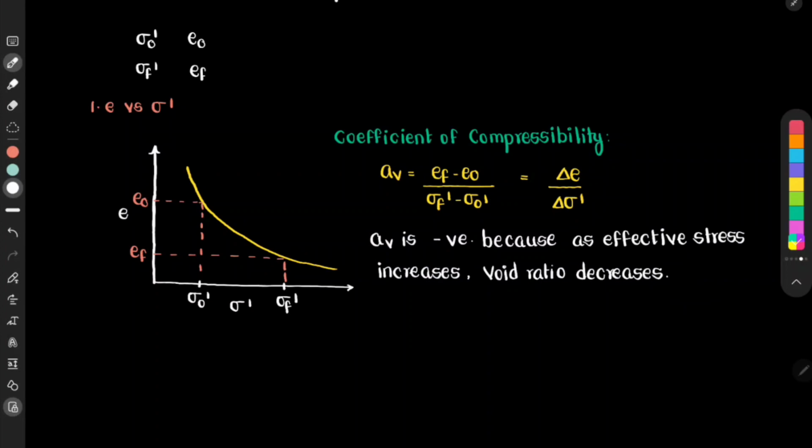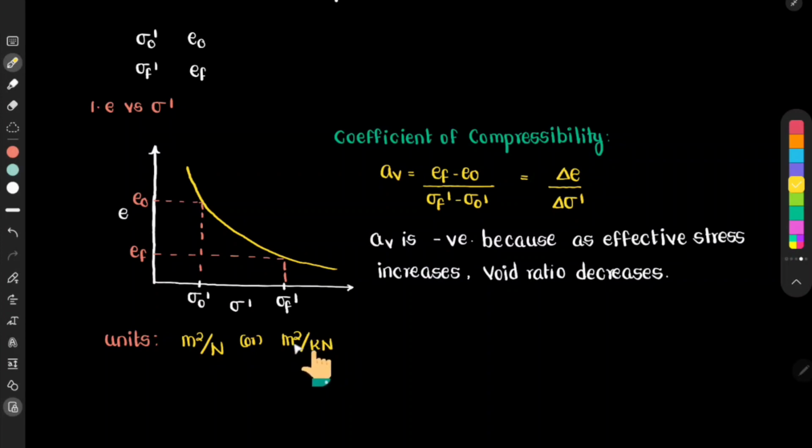Then what are the units for AV, coefficient of compressibility? For void ratio, there is no unit. And for delta sigma dash, the unit is kilonewton per meter square or Newton per meter square. Then the unit for AV is the reciprocal, meter square per Newton or meter square per kilonewton.